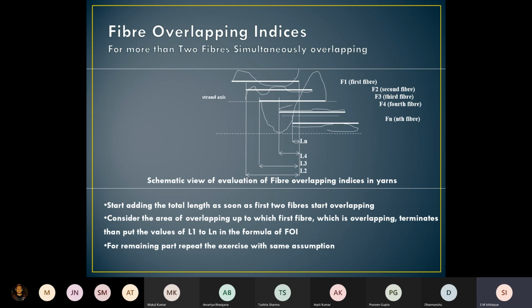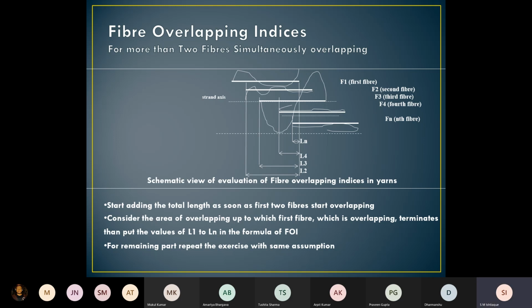So let's understand first how we can measure it. Again, we will use the tracer fiber technique which we have already discussed, so that my fibers are visible to me, and I can very well measure the fiber extent. What we are calling the fiber overlap index is for more than 2 fibers simultaneously overlapping.